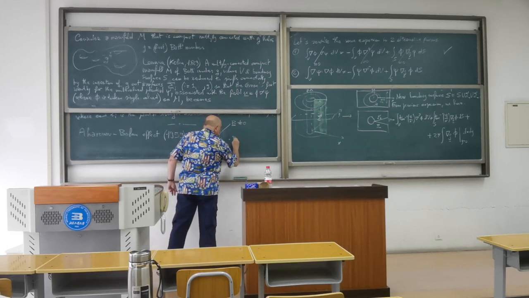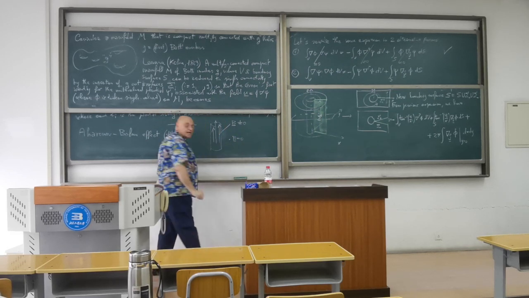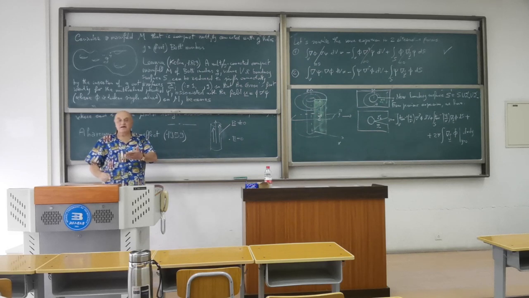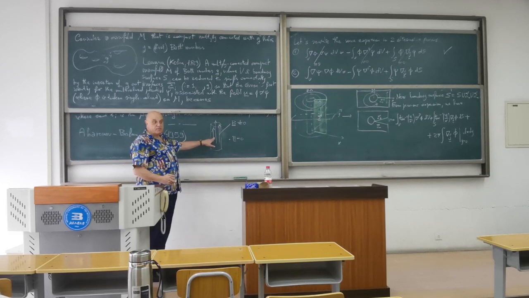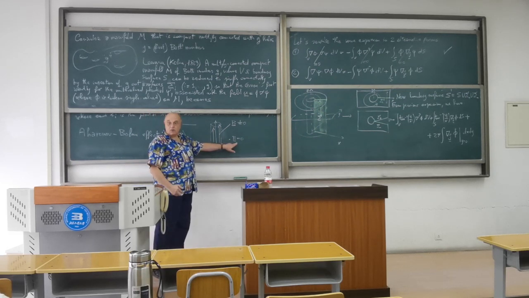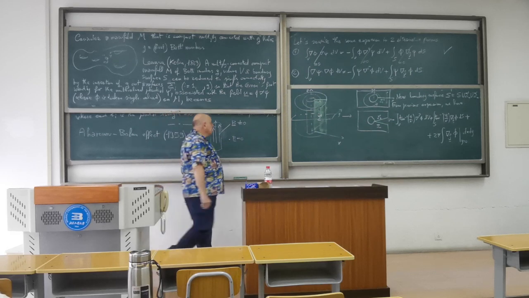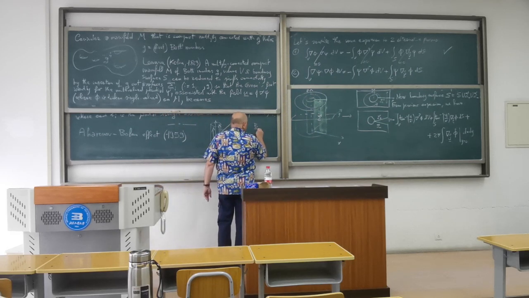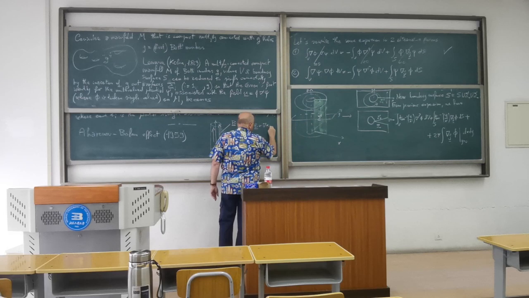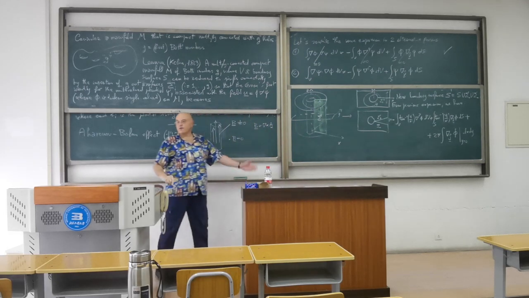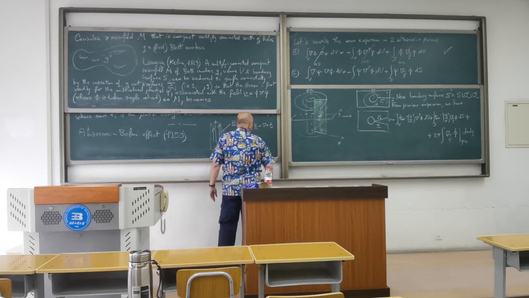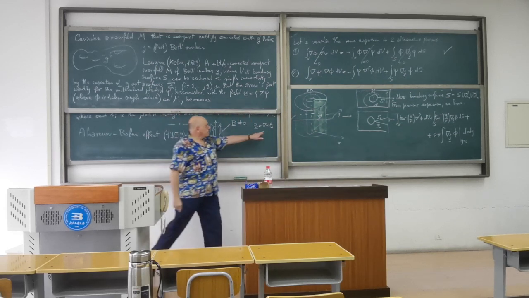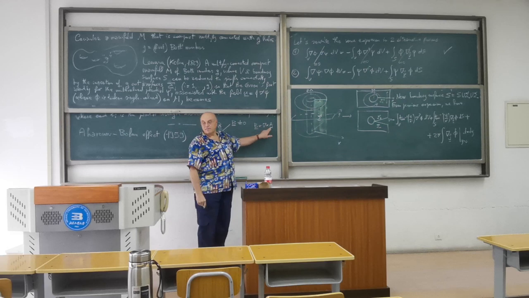Remember, we were in the same situation with vortex filaments of Kelvin. Now, B can be written as the curl of A, as we did for vorticity, the curl of U. And this is the so-called vector potential.